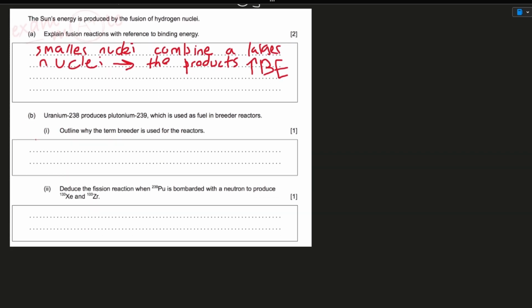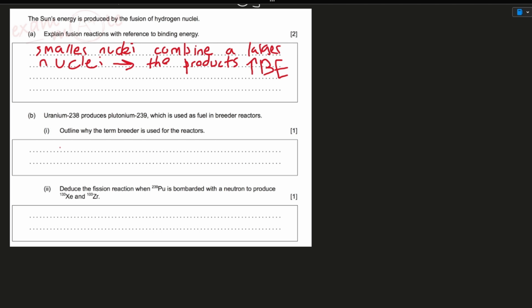Part B says uranium-238 produces plutonium-239, which is used as fuel in breeder reactors. Outline why the term breeder is used for the reactors. Well, basically, the term breeder is just a reaction where it produces more material than it consumes.